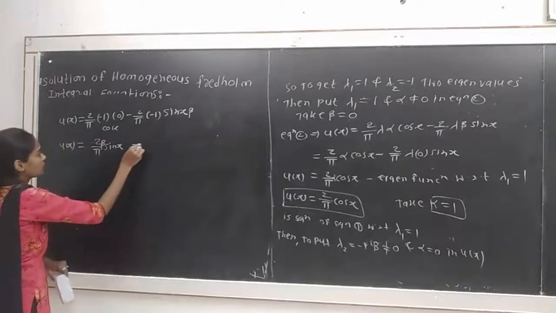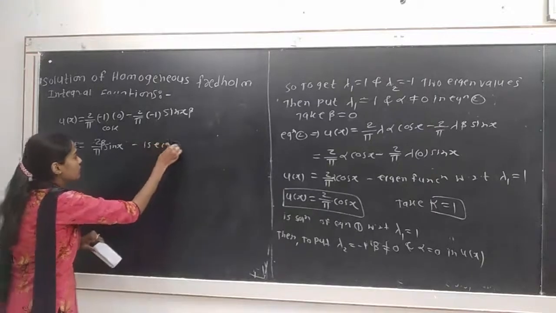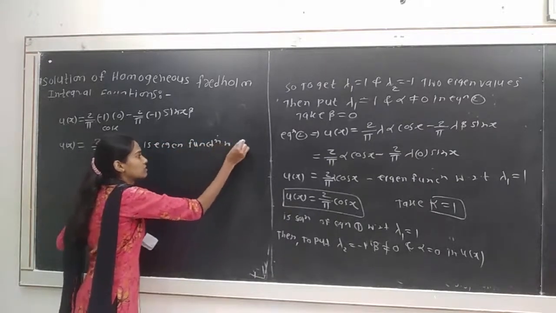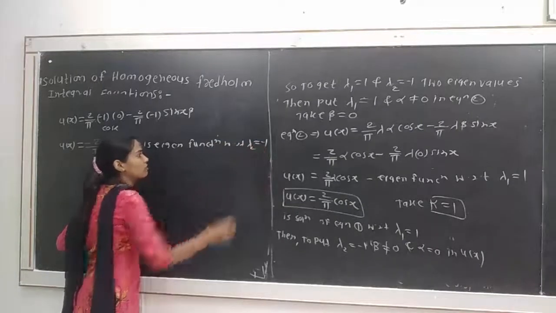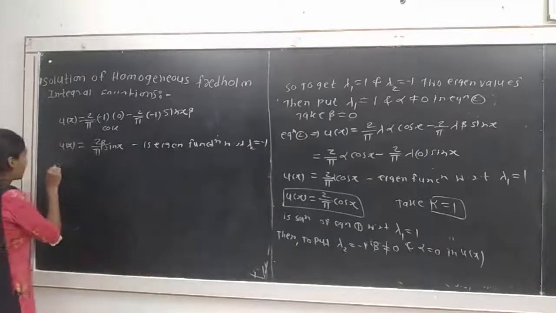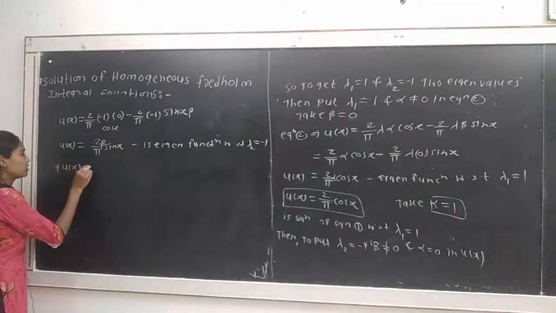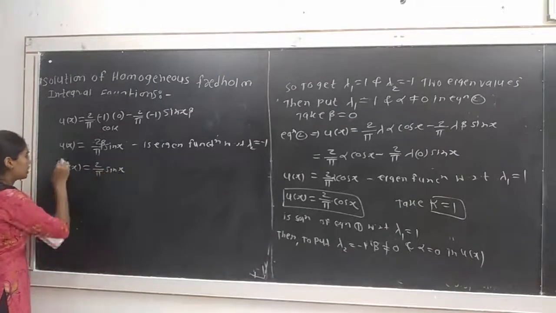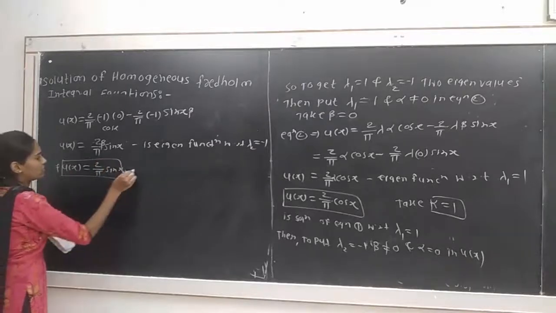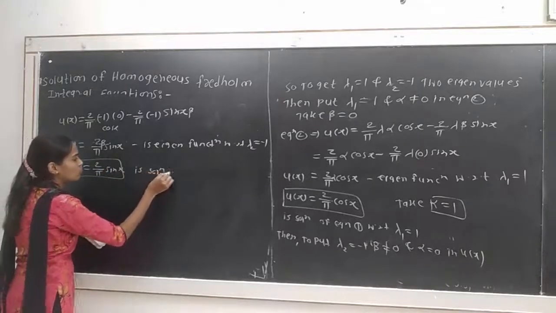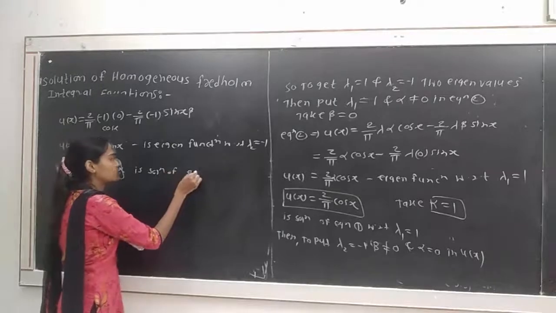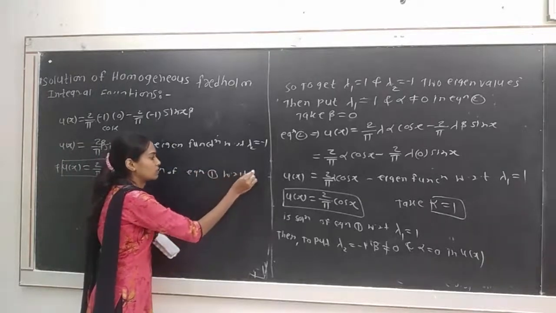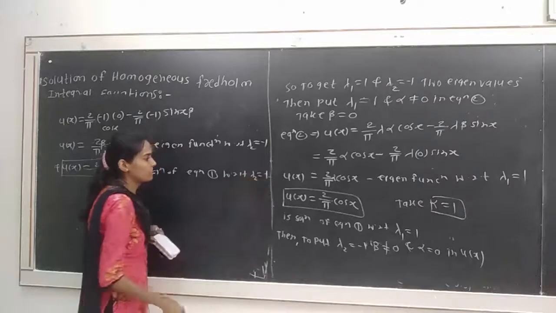This is the eigenfunction with respect to lambda 2 is equal to minus 1, and u of x is equal to 2 by pi sine x is a solution of equation number 1 with respect to lambda 2 is equal to minus 1.